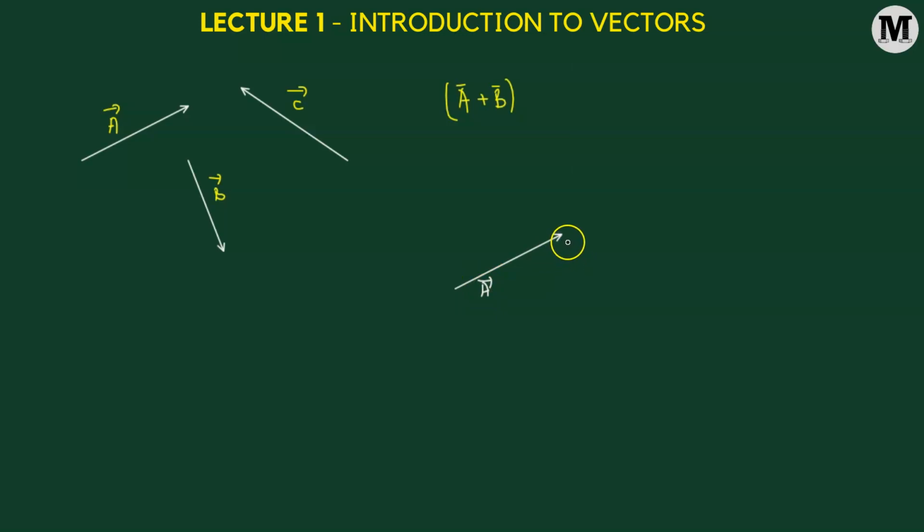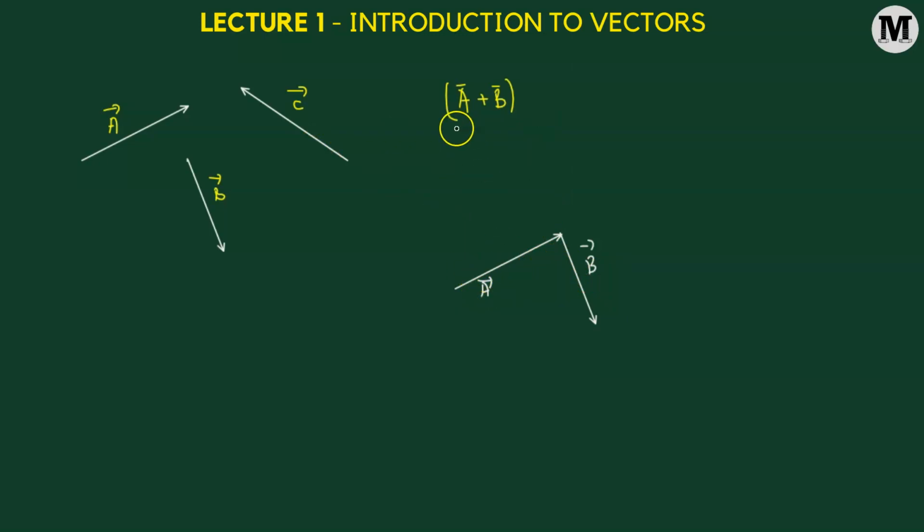Wherever the terminal point of vector A is, we will coincide it with the initial point of vector B. So let's pick up vector B. Let's copy this vector, and then paste it over here, and coincide the initial point of vector B with the terminal point of vector A. Right, so we coincided.